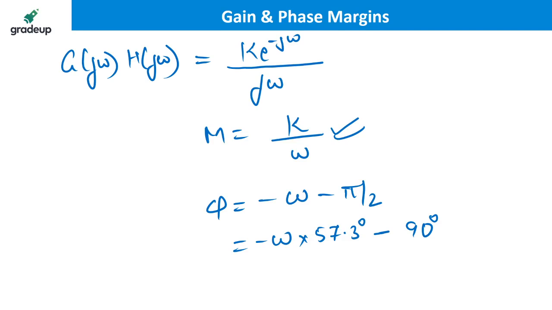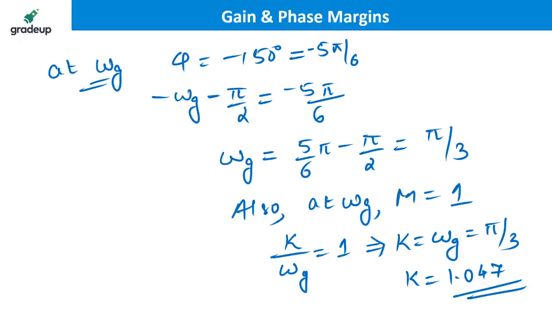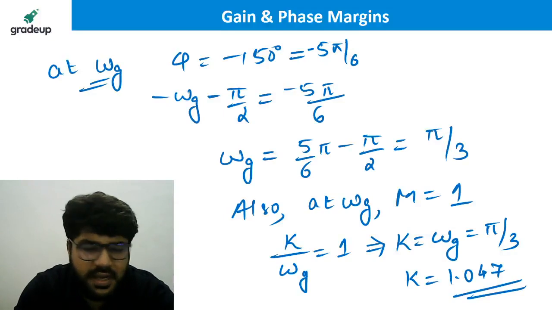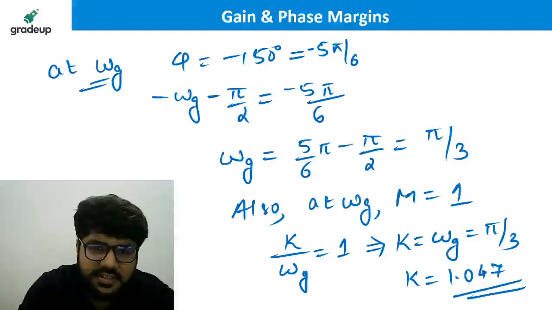No, no, no. PM is defined in degrees only, Zishan. That is absolutely correct. First, take the screenshot. Answer is 1.047. This is the final screenshot.